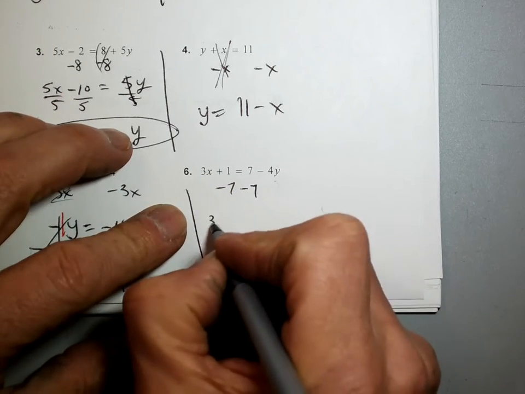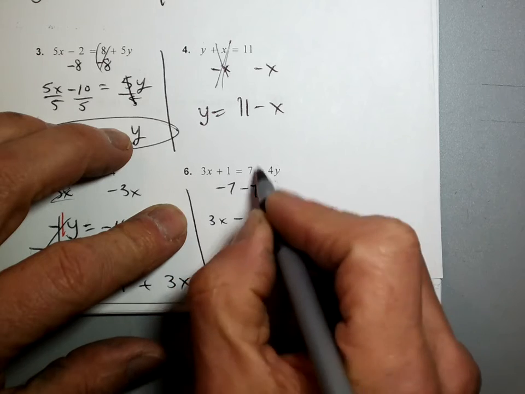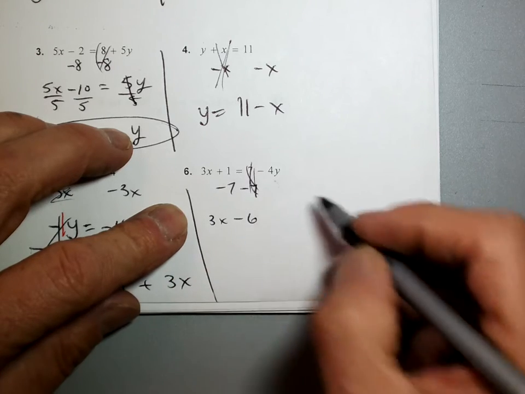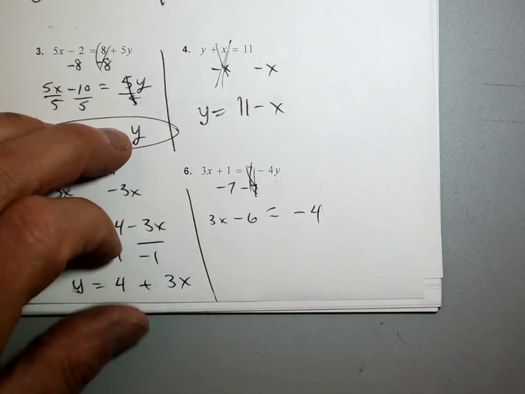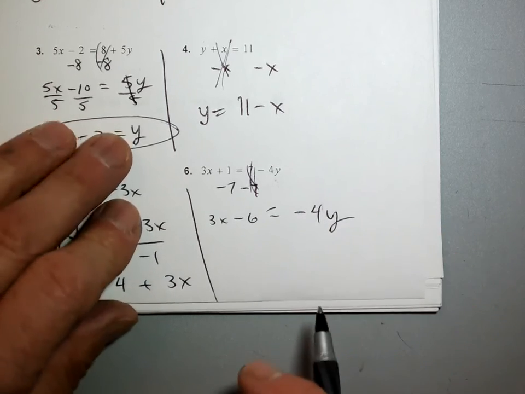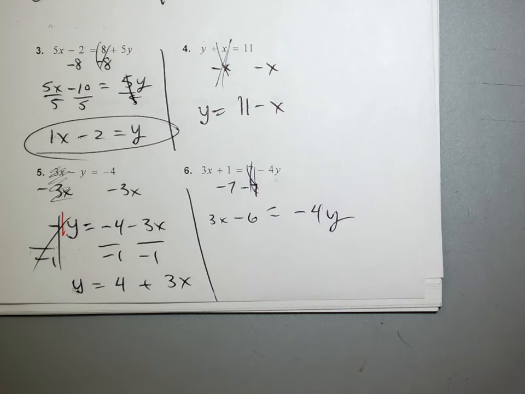So I'll have a 3x minus 6. That's gone. Bring down the equal sign equals negative 4y. Negative 4y means negative 4 times y. If they're right together, it means multiply. There's an invisible multiply. So we're going to undo it by dividing everything by negative 4.